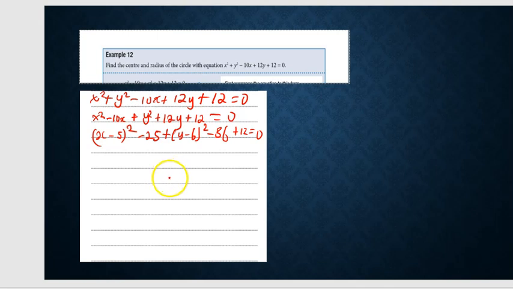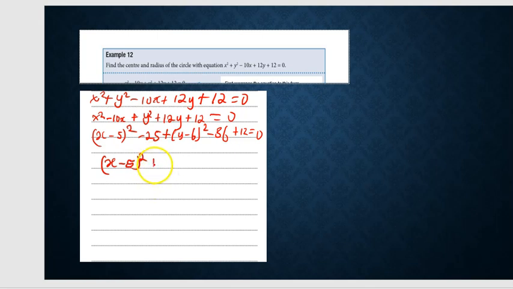So from here, we can try to rearrange this form. We have x minus 5 squared, and then we have y minus 6 squared.